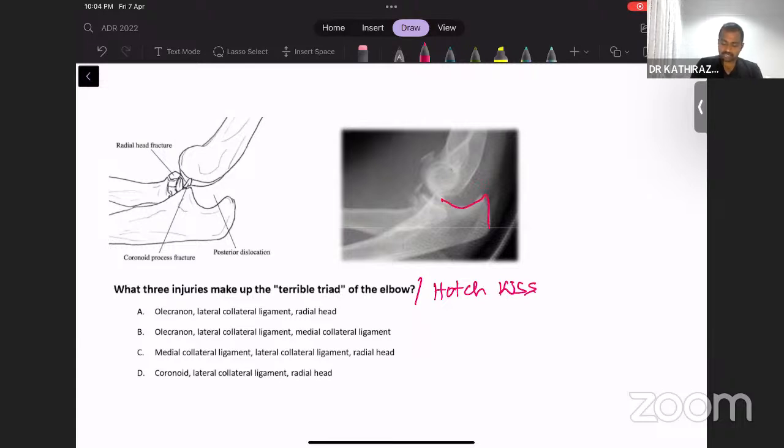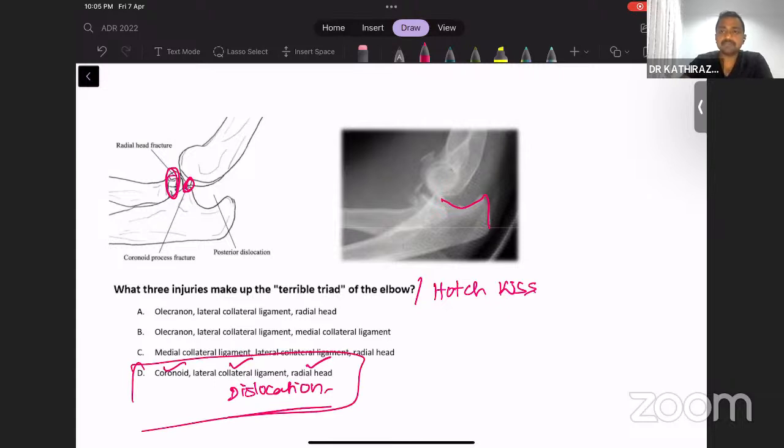You can see an elbow dislocation, a radial head fracture, and a coronoid fracture, along with a lateral collateral ligament injury, which causes the dislocation. So the answer is the coronoid, radial head, and collateral ligament injury.